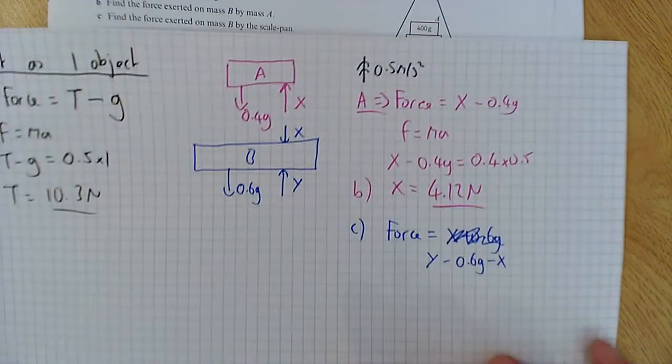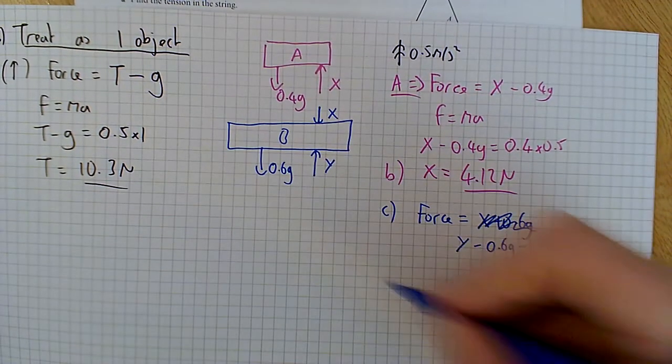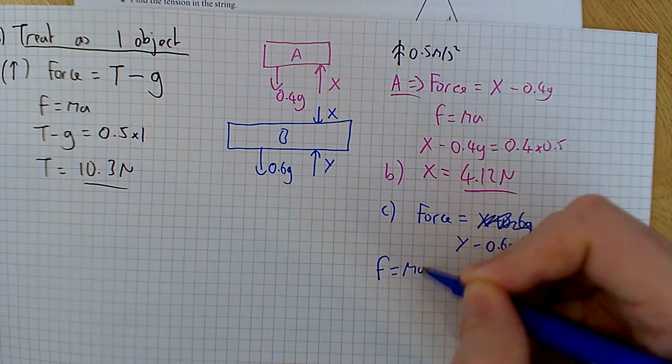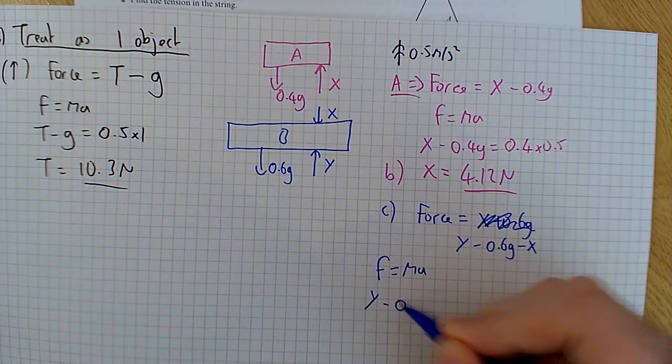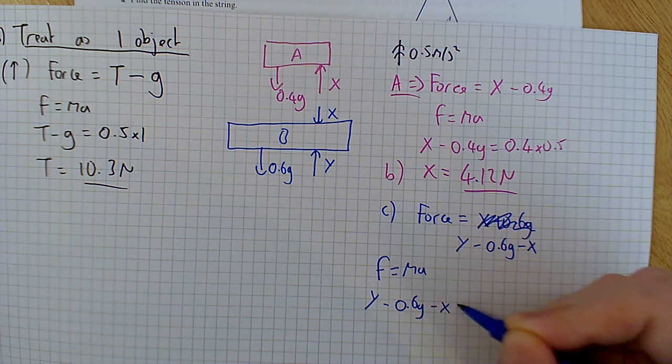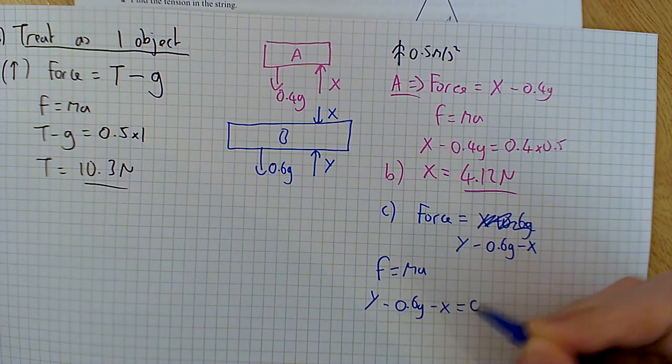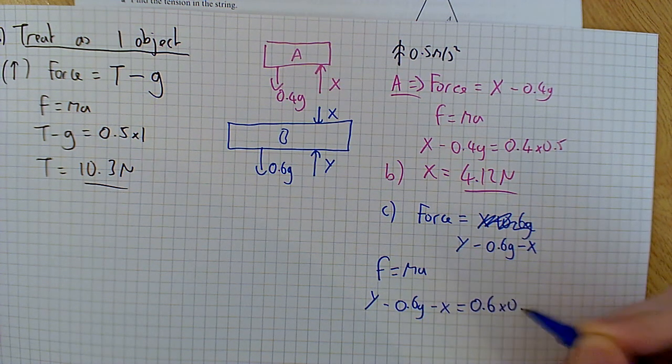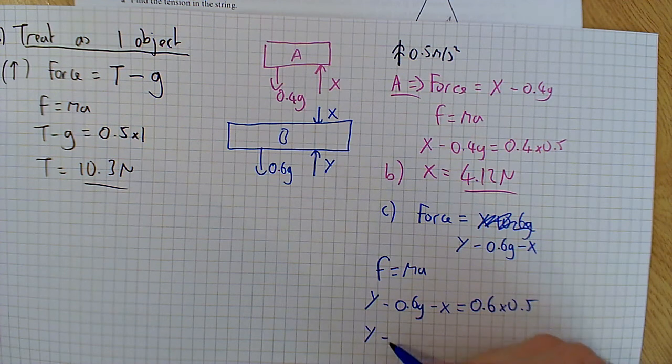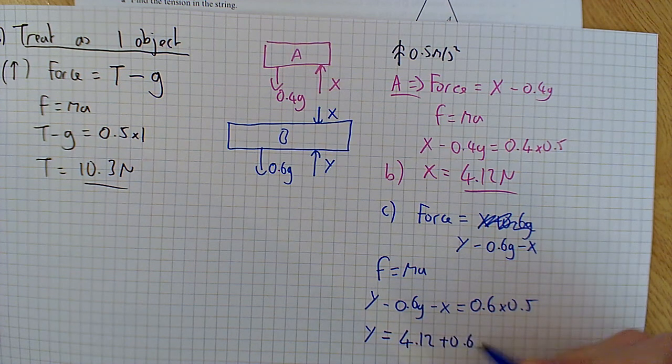So then again, when I do F equals ma on this, we have Y minus 0.6g minus X equals 0.6 times 0.5, and we know the value of X. X is 4.12 from earlier. So Y is 4.12 plus 0.6g plus 0.6 times 0.5.